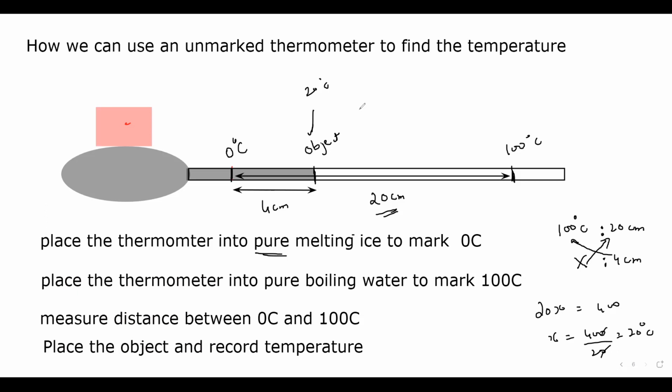So we have the scale number: a 100 degree change of temperature is equal to a 20 centimeter change in length. And then we place the object, and remember one thing, whenever we measure the distance for the object, we always measure from 0, don't measure from the bulb. All the distances are measured from 0.